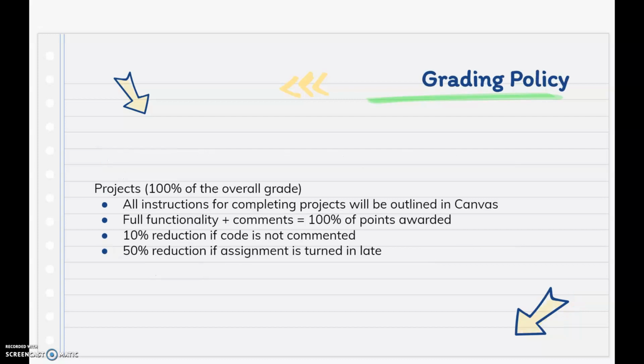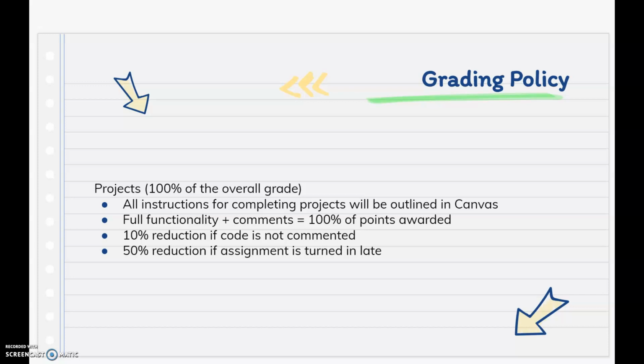So what are my grading policies? Well, our projects category is really the only category that we have. It's 100% of the overall grade. If students' projects meet all of the instruction requirements and they've commented their code, they will get 100% of the points. It doesn't really matter how they create their program.